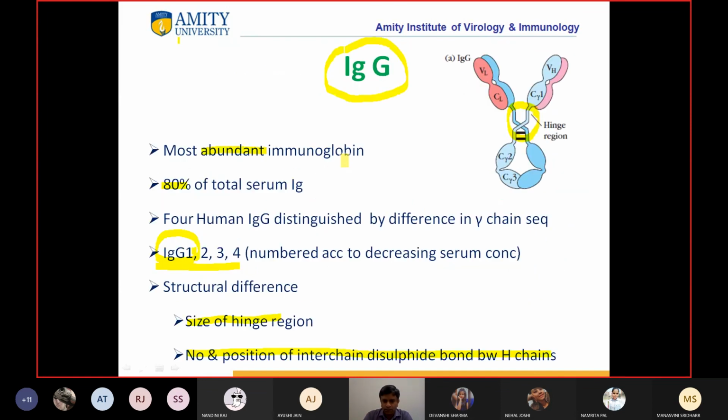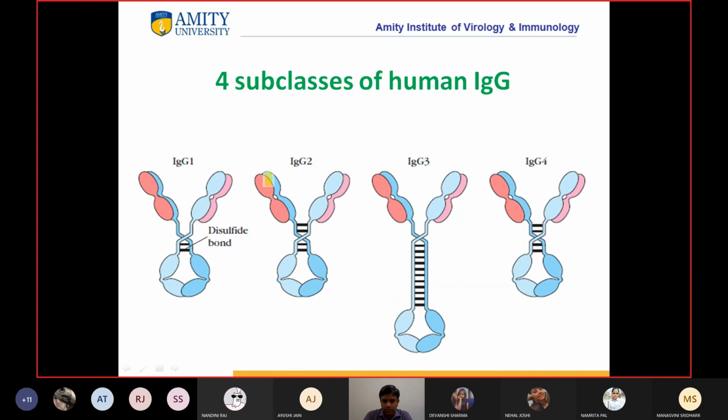I said two things: size of the hinge region, so you can see here the hinge of IgG3 is big, right? So there is variation in the size of the hinge region, and in the number and position of disulfide bonds.